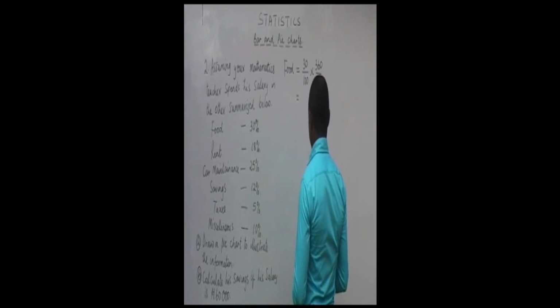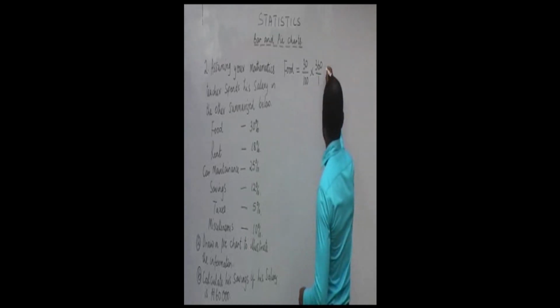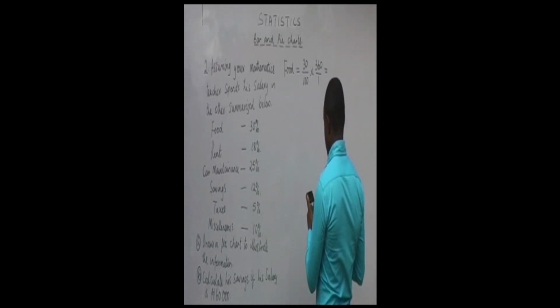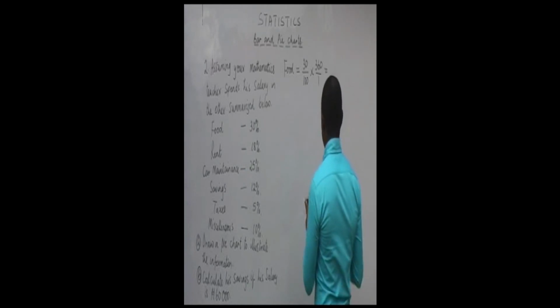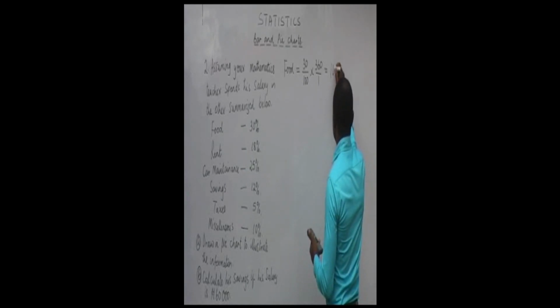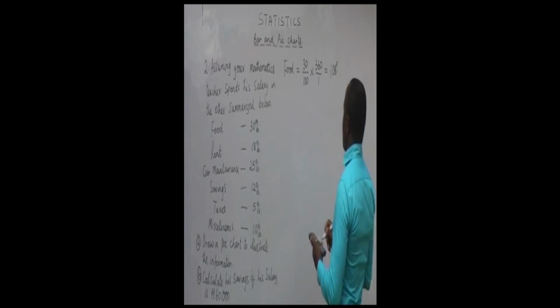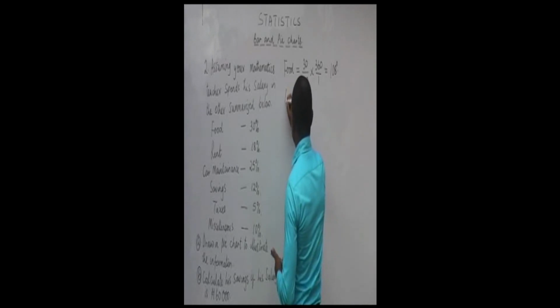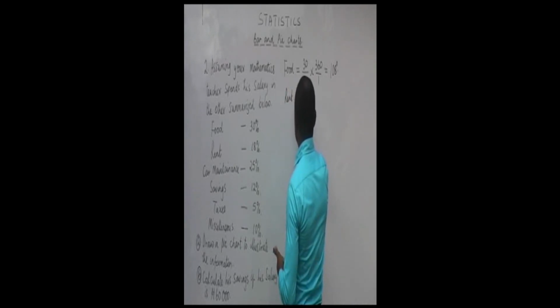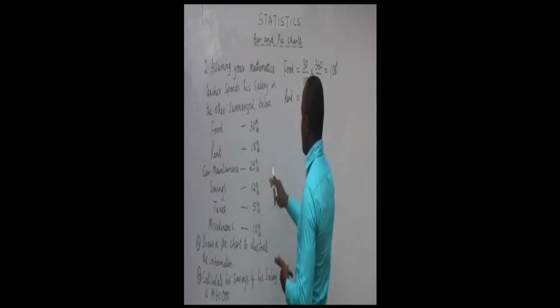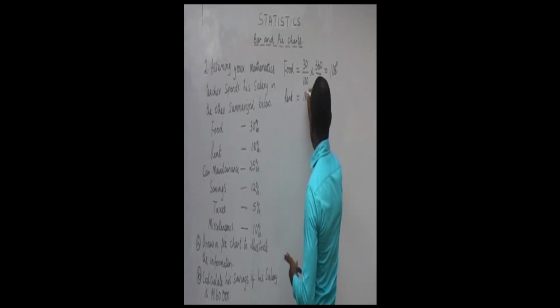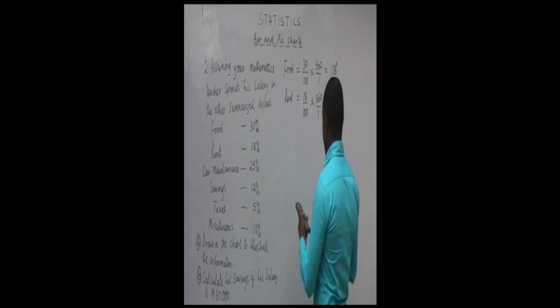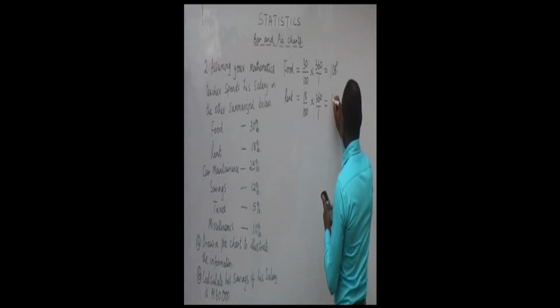It's going to give you 108 degrees. Now for rent, the house the man is living in, we have 18 over 100 times 360 all over 1, which is going to give us 64.8 degrees.